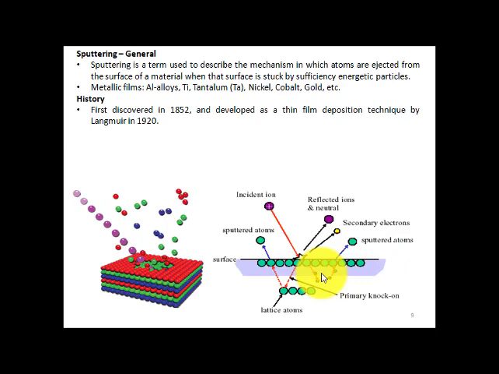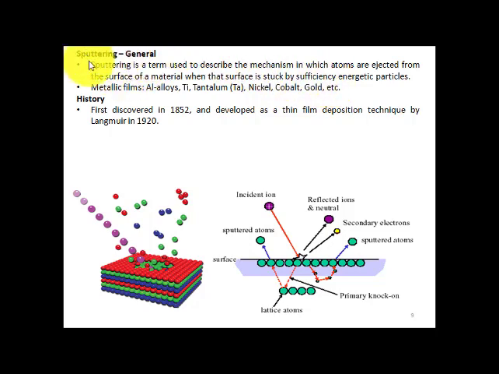Generally, sputtering is a term used to describe the mechanism in which atoms are ejected from the surface of a material when that surface is struck by sufficiently energetic particles.